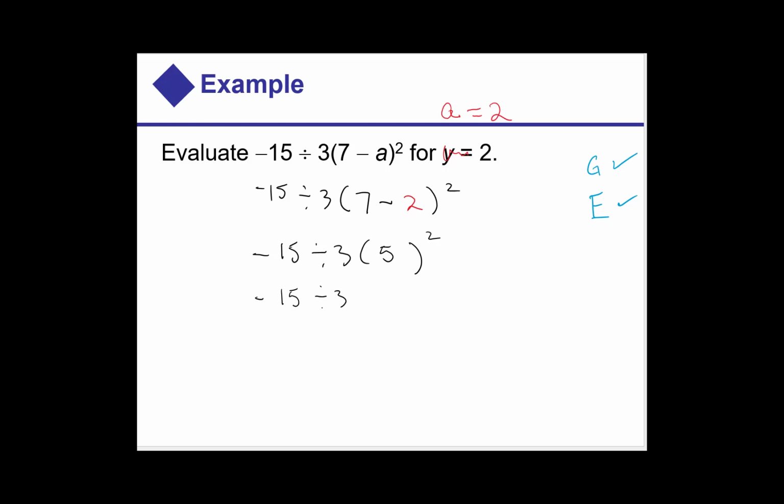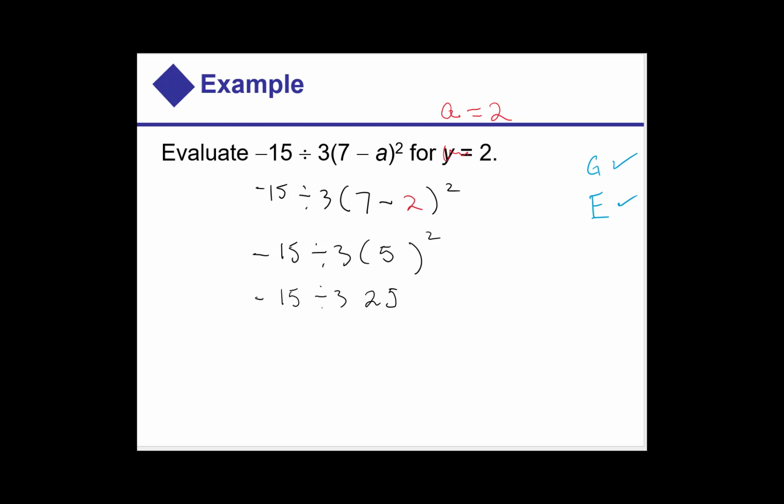Now notice the dividing is waiting, and the multiply is waiting. I'm not going 3 times 5 and getting 15. The multiply has to wait till the exponent is done. Now when I do the exponent, I get 25. 5 times 5. Because the group was 7 minus 2, that gave me 5, and then the group was second power, I got 25.